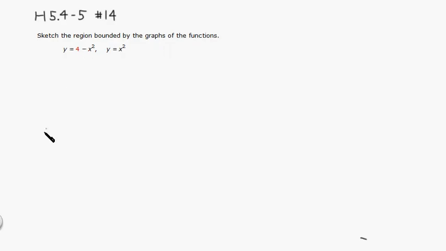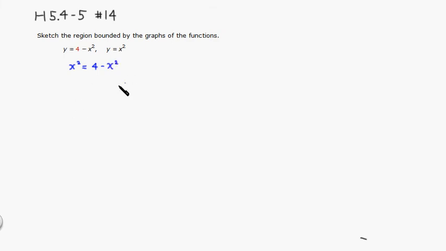First we have to find the intersection of these two curves, so we set them equal to each other. So x squared must be equal to 4 minus x squared.